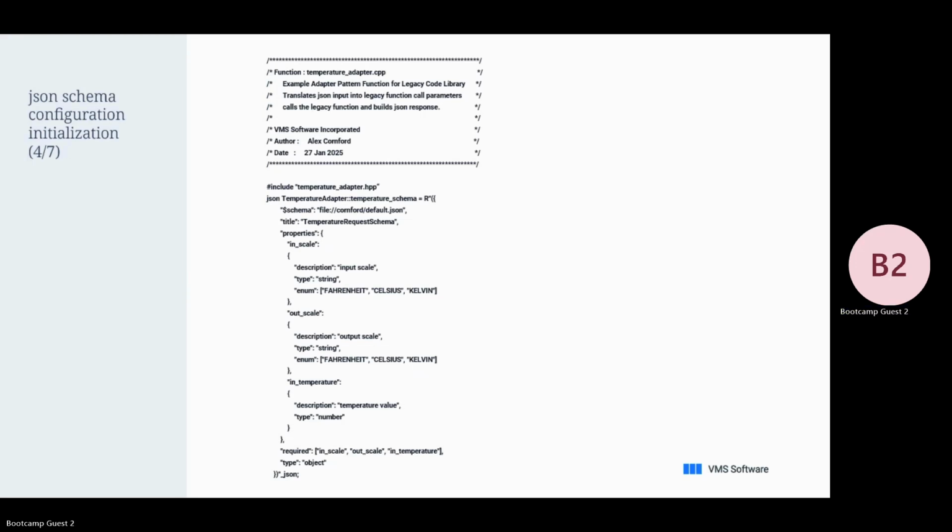For the output scale, we enforce the same set of requirements, and the temperature you want converted has to be a number. This saves time later, in that when we come to the real code, we have good data.